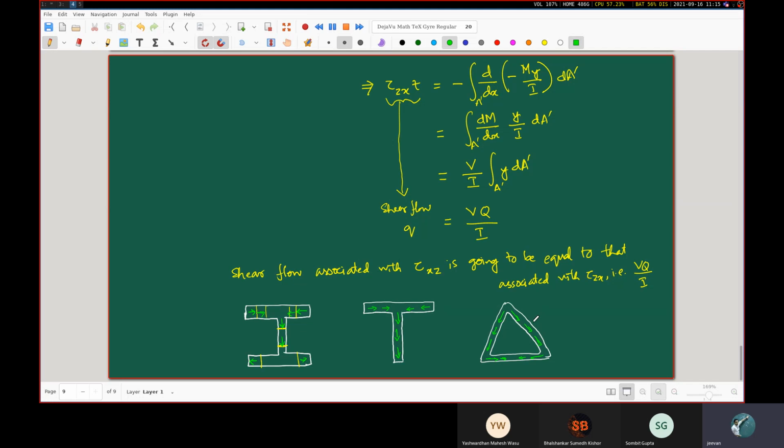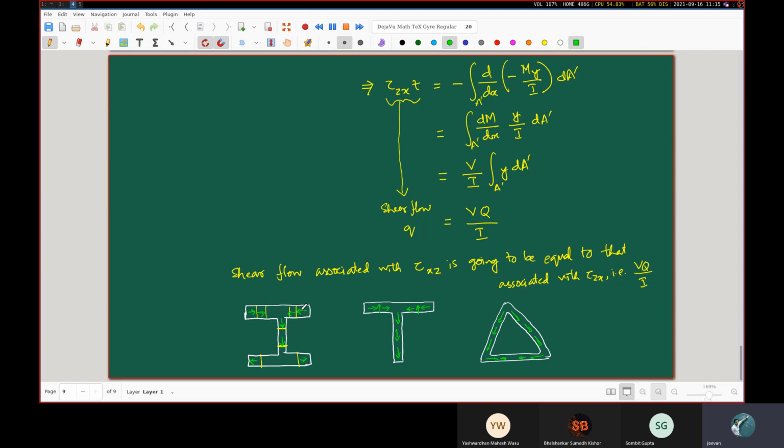Now, in all of these discussions, you have to understand that in this flange portion, it is very much possible that you can have a non-zero value of the tau xy. So you can have a tau xy like this, you can have a tau xy like this.